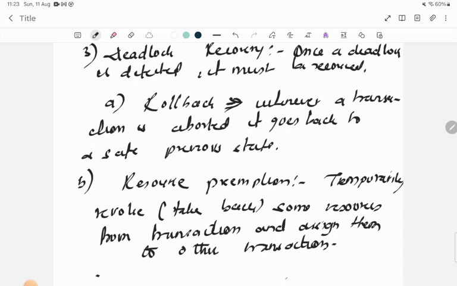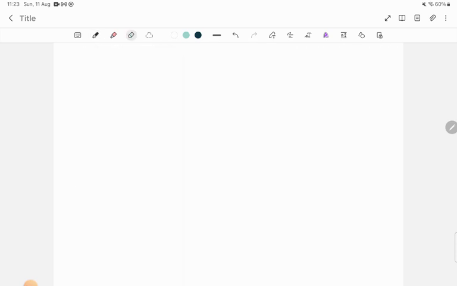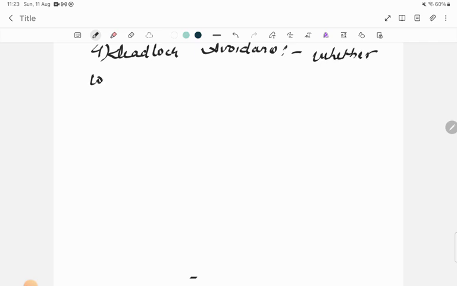The fourth part is deadlock avoidance. Avoidance means deciding whether to allow a transaction to proceed or not.